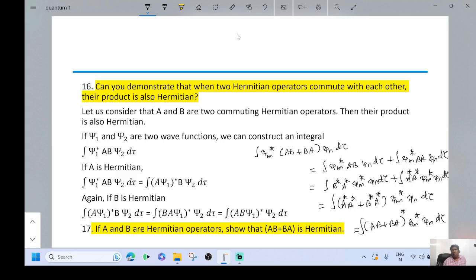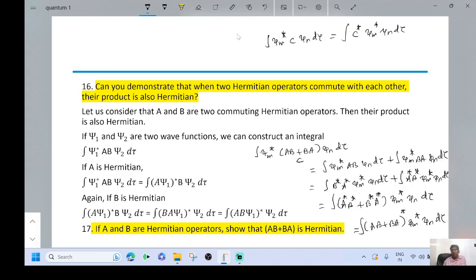Take ψm* (AB + BA). Consider this as C. Then, if C is Hermitian, that is AB plus BA is Hermitian, ∫ψm* Cψn dτ equals ∫(Cψm)* ψn dτ. See here, C is AB plus BA, so ((AB + BA)ψm)* ψn dτ.